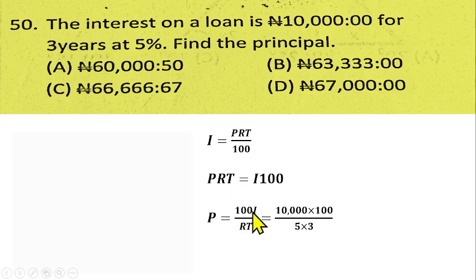So the principal will be 100 multiplied by interest over rate and time. If you substitute, you have 10,000 times 100 over 5 times 3. You simplify that, which will give us 66,666.67, which is option C.